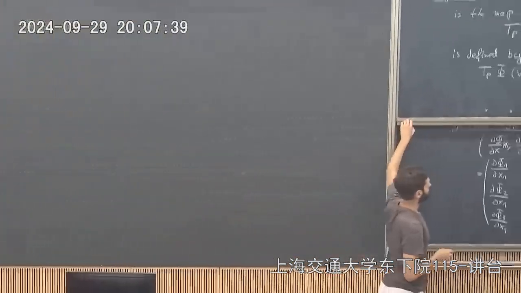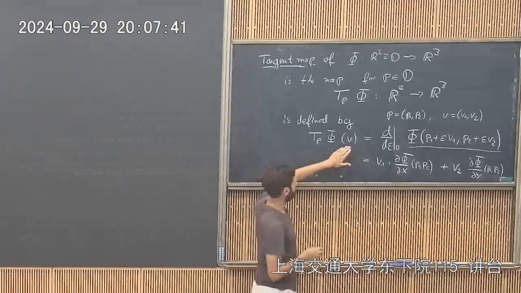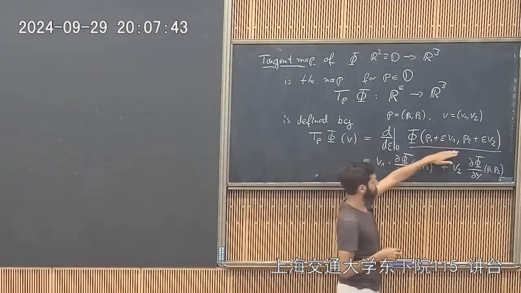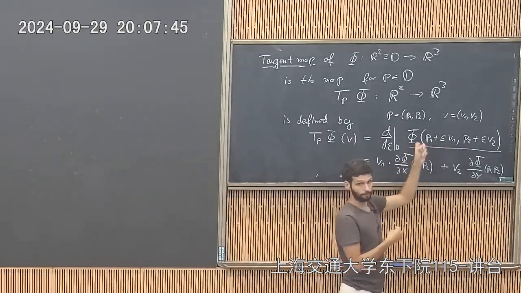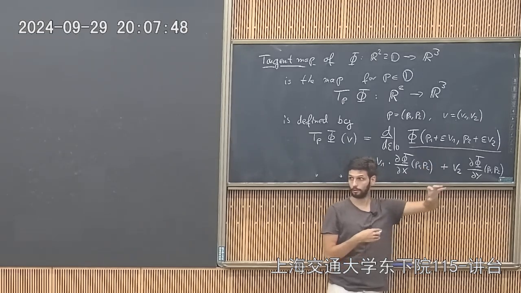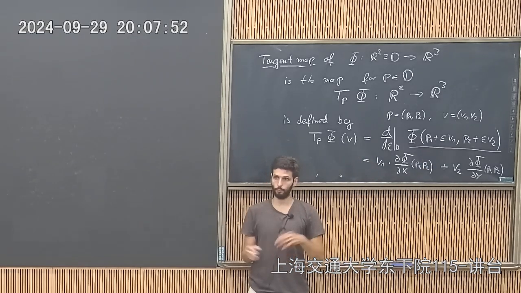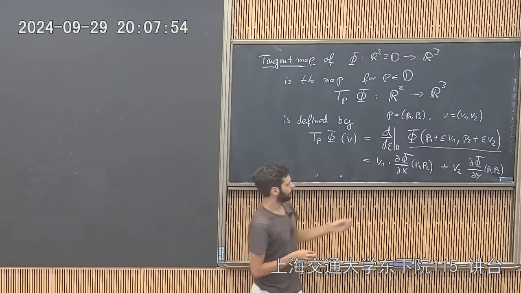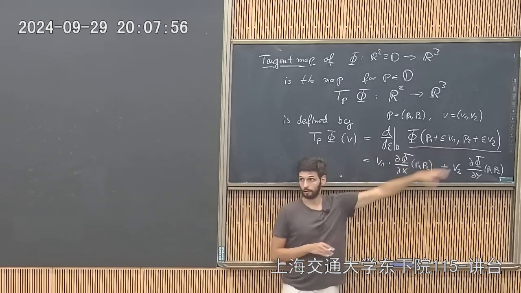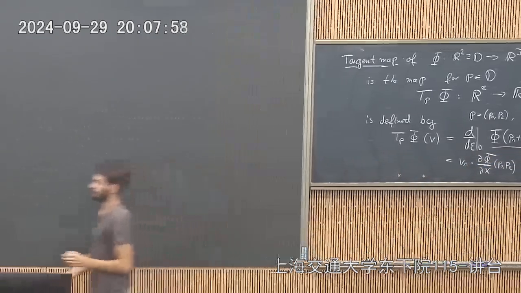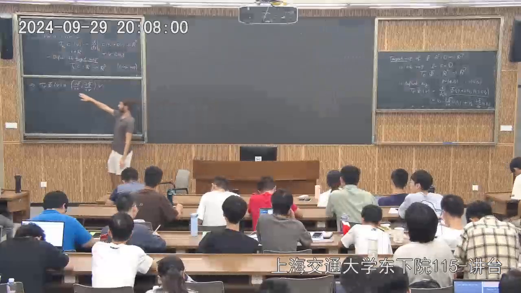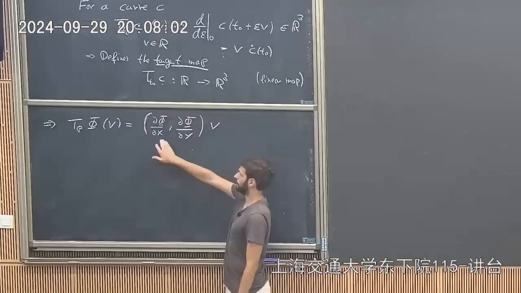One of them would be really this definition, where you say you have v. Let's change our point slightly in v direction and see how phi changes under this change. That's very geometric and usually a very nice, intuitive way to think about it, but not very practical to calculate. Way easier to calculate is to do this, where you say, okay, I have a map that depends on x and y.